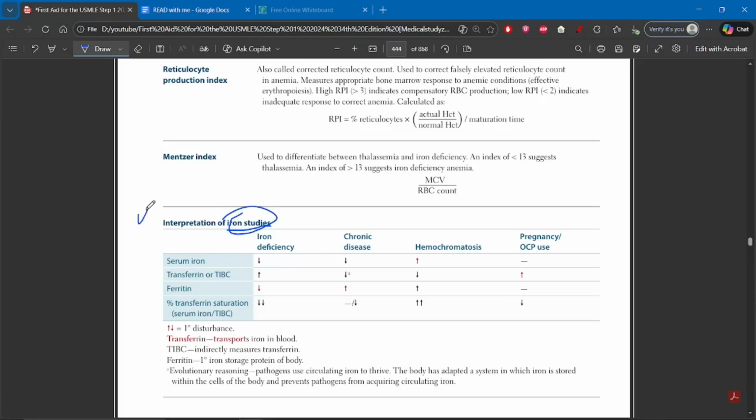Routinely, we do something known as the CBC, the complete blood count, or you can also call it CP sometimes, in which there is the complete profile of the blood.